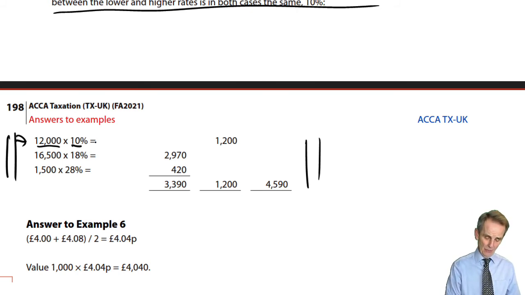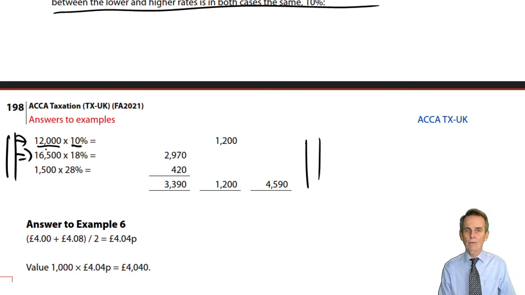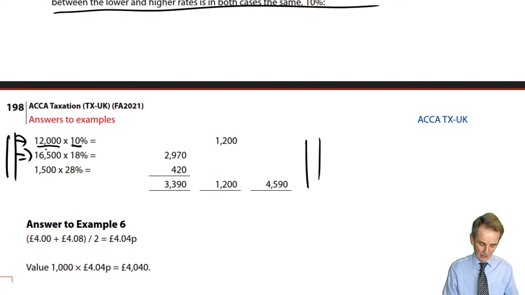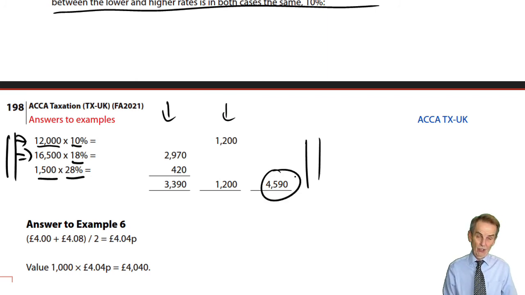Then with the residential property, there is £16,500 worth of basic rate band remaining, so using the lower rate now for residential property, that's 18, with 1,500 remaining, and that's the higher rate of 28%. Work through the individual tax figures, and it shouldn't be any huge surprise that it is exactly the same figure. So it does not matter.